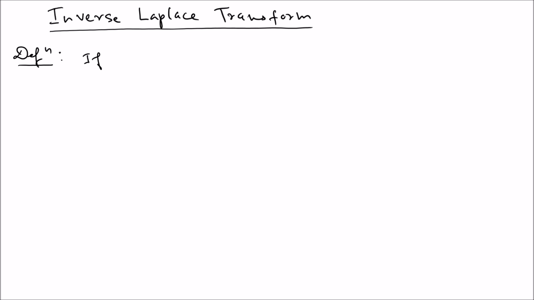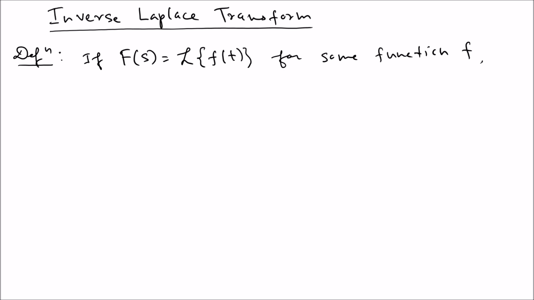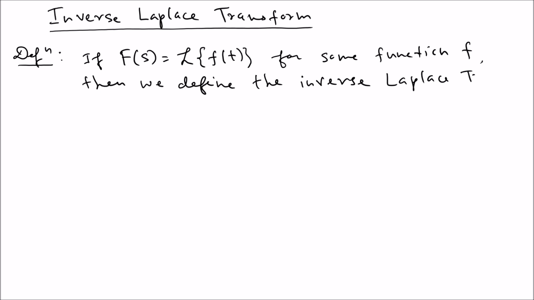We say that if F(s) is the Laplace transform of some function f(t), then we define the inverse Laplace transform to be, so we just write backward.